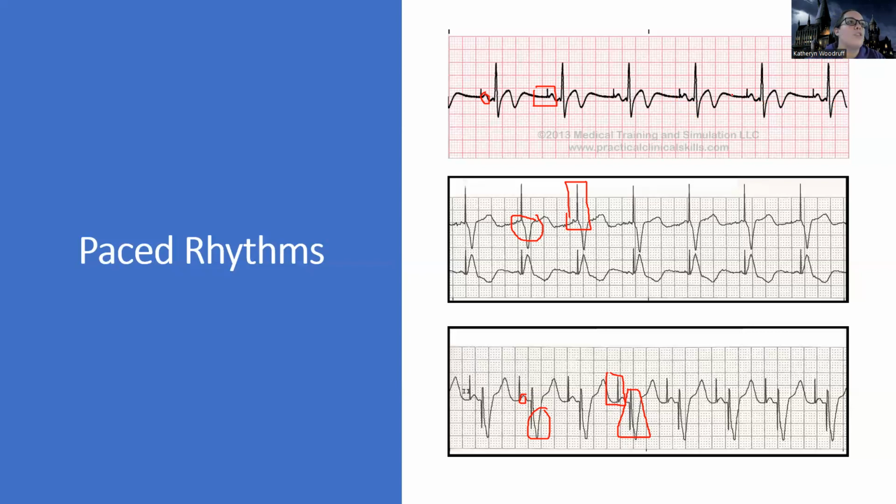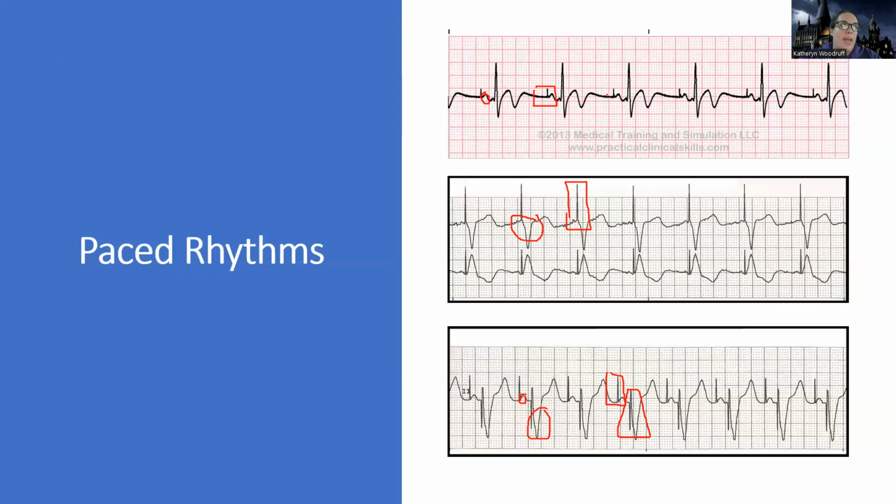So anytime you see a pacer spike and then a P wave, or a pacer spike and a QRS, or both, this is saying the pacemaker is serving as the pacemaker for the heart. The rate is lower on its own, so the pacemaker has to take over, like your backup, since your heart's not doing enough.